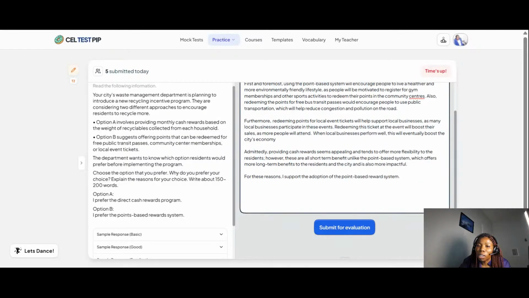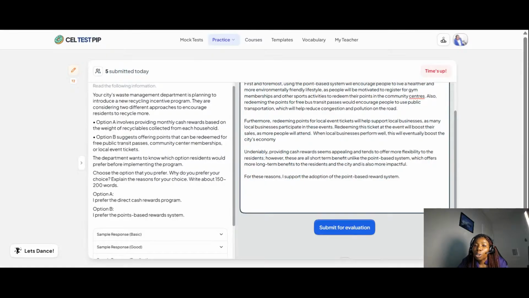Then the last one. Undeniably, providing cash rewards seems appealing and tends to offer more flexibility to the resident.